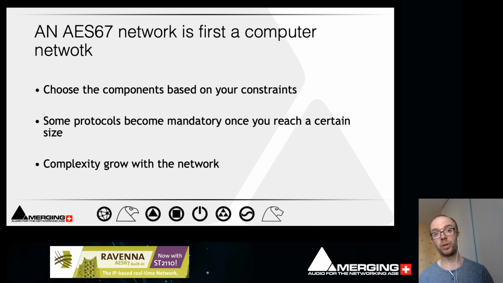So as I said before, the time you have to configure your network, the capacity you have, the knowledge you have in the technology, and the performance that you expect from a network. Some protocols become mandatory once you reach a certain size. So PTP is not really mandatory if you have a simple setup, 1, 2, 3 switches, except in very specific conditions.